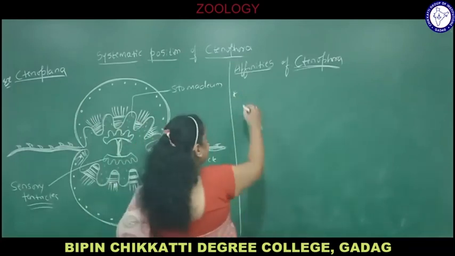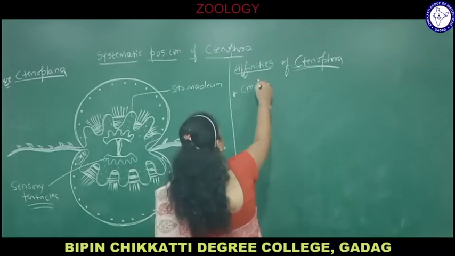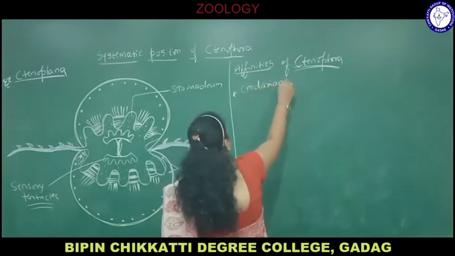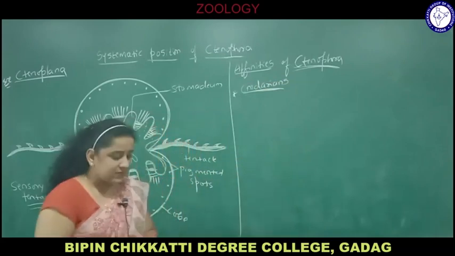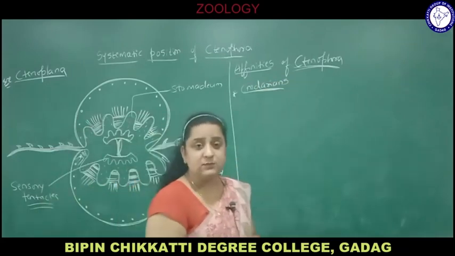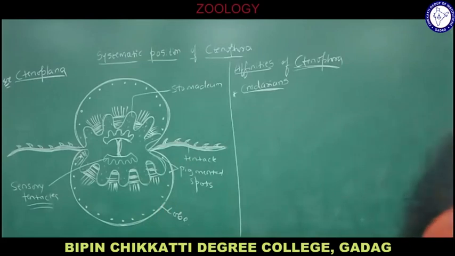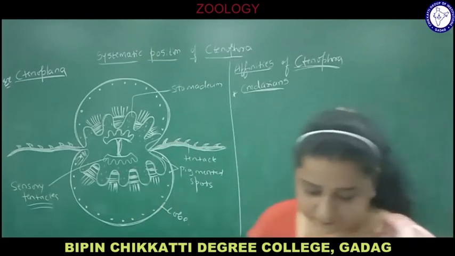So they share many characteristics with Cnidarians, or the phylum Coelenterata. Affinity means evolutionary relationship, and they share many of their characters with phylum Cnidaria. So earlier these animals were placed under phylum Cnidaria.